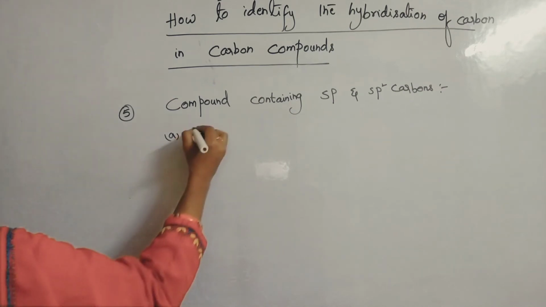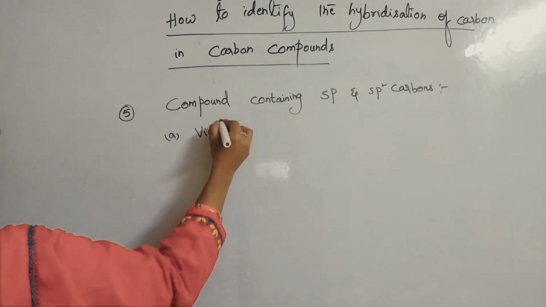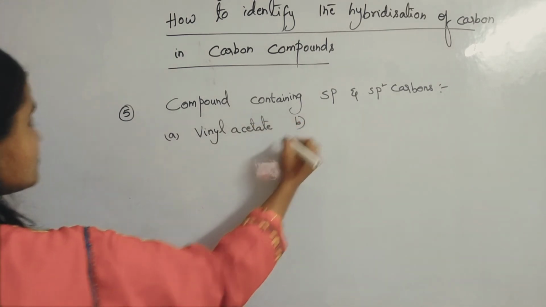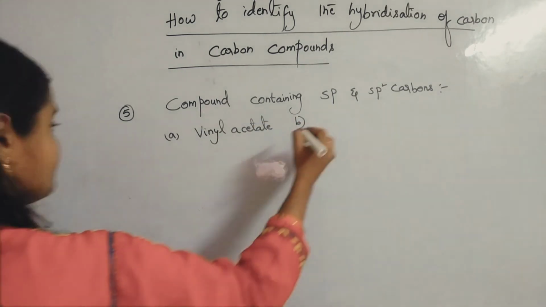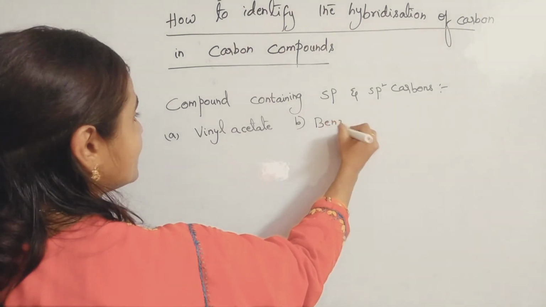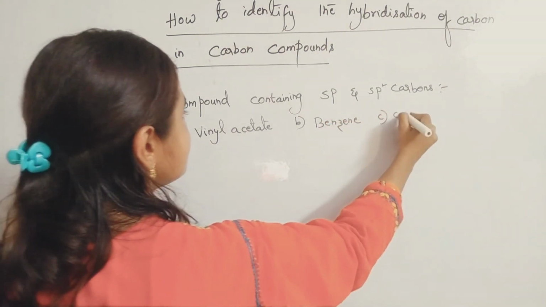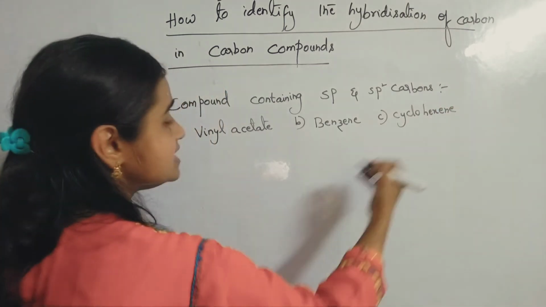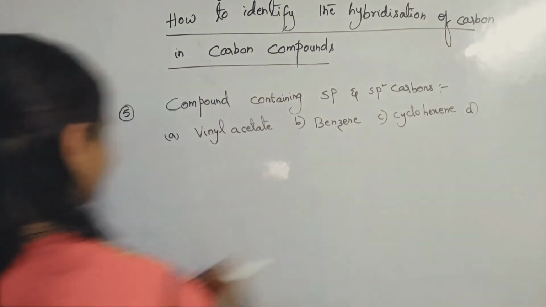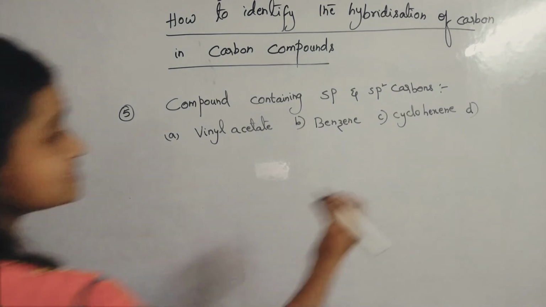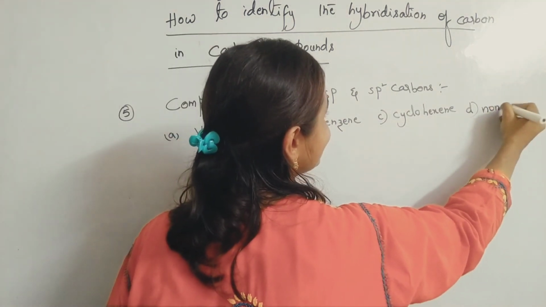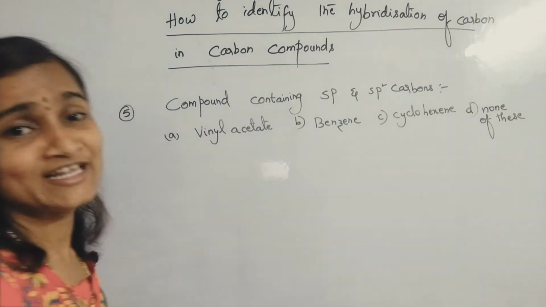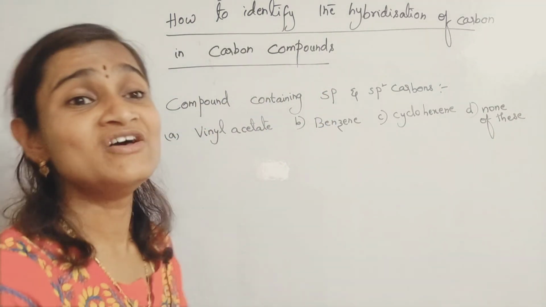Option A, vinyl acetylene. Option B, benzene. Option C, cyclohexene. And option D, none of these. Thank God, he didn't give one more structure, then we would have to verify that also within a very short time.